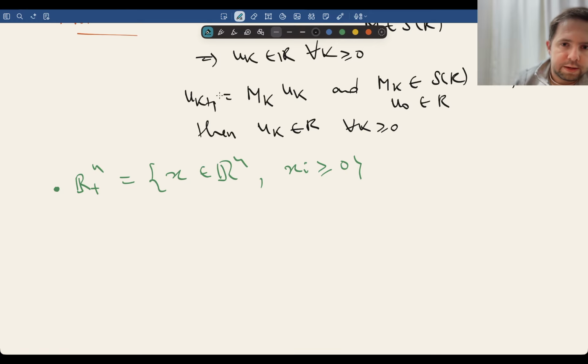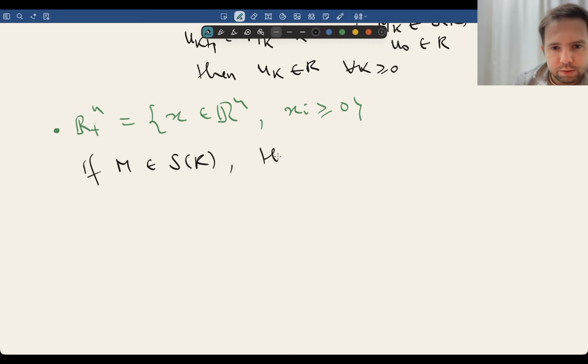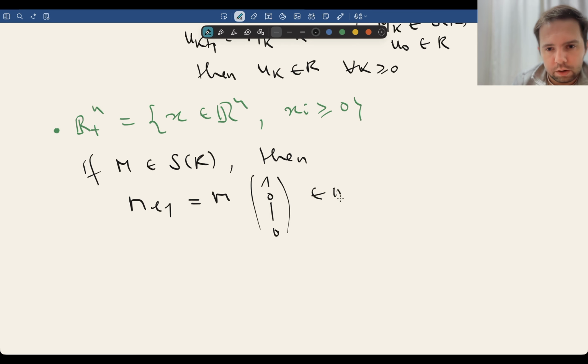And we'll characterize S(R) in the following way. First, if M is in S(R), then in particular, M times e_1, which is M times the vector with 1 and then only zeros, is also in the region R. But this is the first column of M. So this will imply that the coefficients of the first column of M all need to be non-negative.